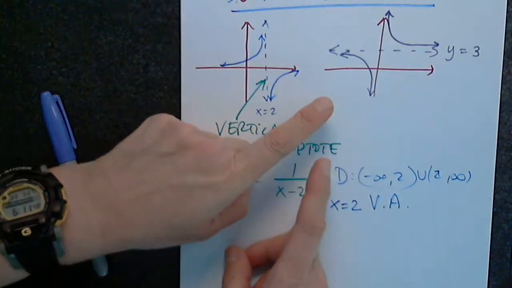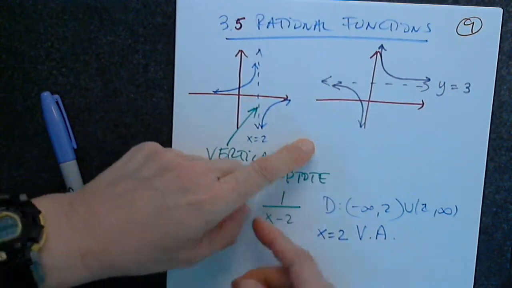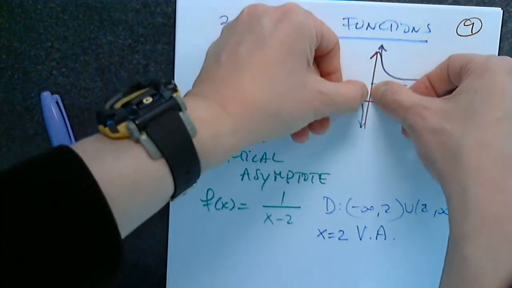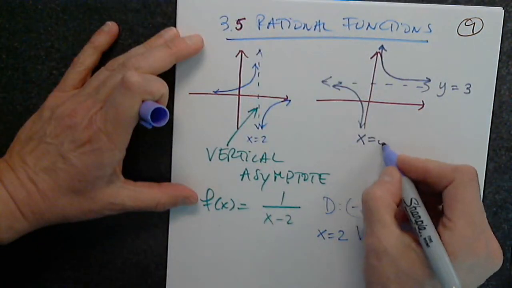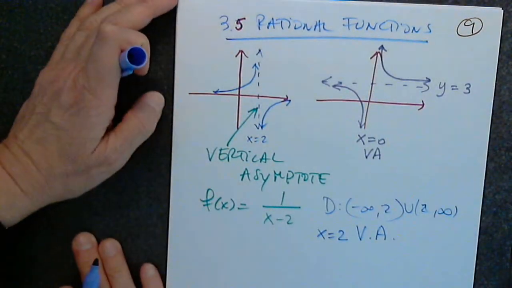This is another rational function. Is it defined everywhere? No. It's not defined at x equals 0. So it definitely has a vertical asymptote at 0.